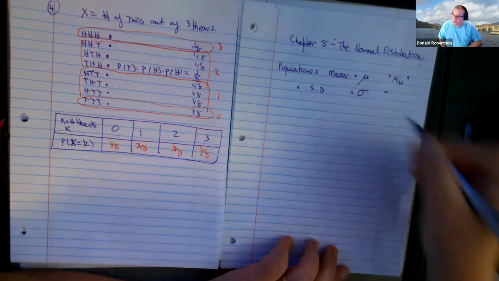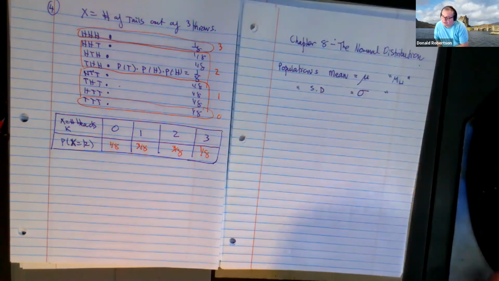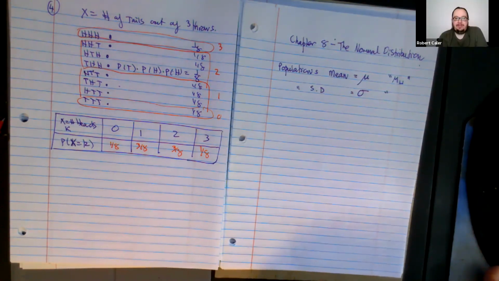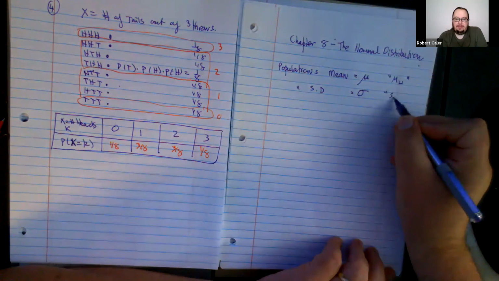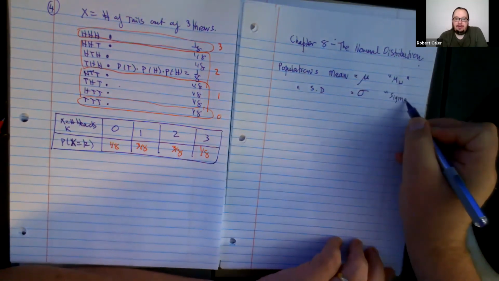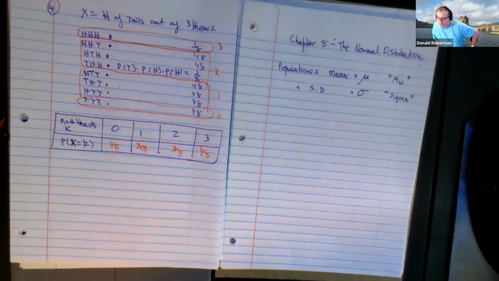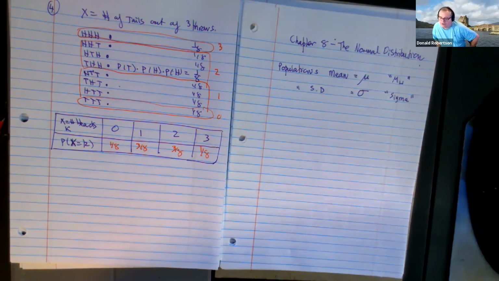Does anybody remember what that letter is called? Sigma. Yeah, sigma. So if I say mu, you know I'm talking about a population mean. And if I say sigma is 10, you know I'm talking about a population standard deviation. Okay? Just a quick reflection.